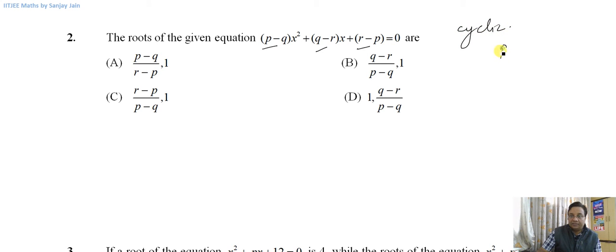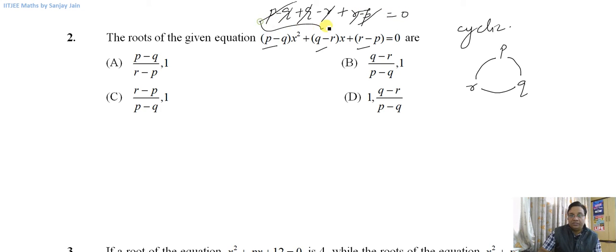If you write it like this, p, q, r, then these coefficients are in the form p minus q, q minus r, r minus p. What happens is, if you add these coefficients, p minus q plus q minus r plus r minus p, these will get cancelled out and will give you 0. So the sum of the coefficients in this case is 0. So we can directly say that one of the roots is 1.